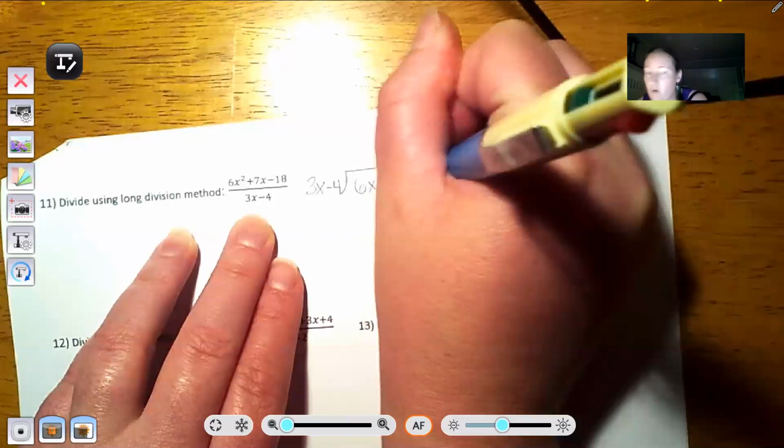So that's why it's always brought down, because you always have a 1 right here. So now we do the same process basically that we did above, but we're only tracking the coefficients, and its placement will tell us if it's x's or x squareds or x to the third, or if it's a remainder or a constant, etc.